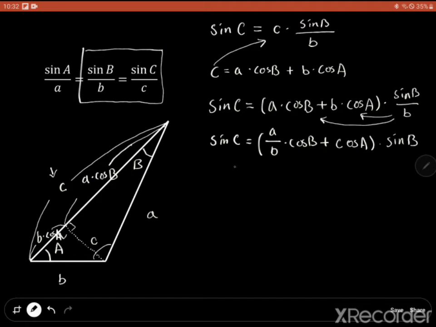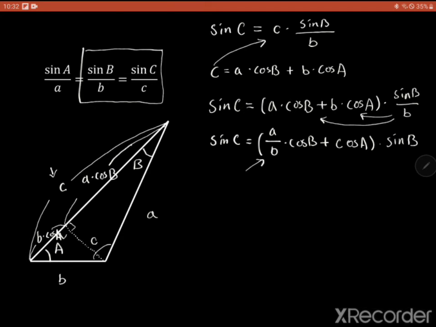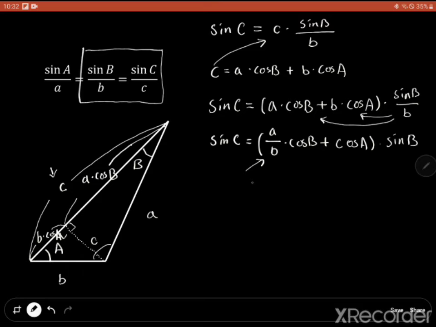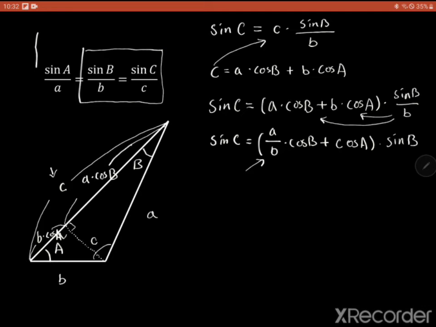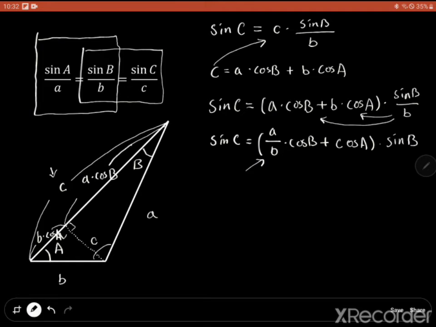And here is another term that we are now interested in, which is a over b. If possible, we want to reduce all the variables. We are interested in the sine and cosine of angles A and B. So we're going to reduce this variable using another part of the law of sine.